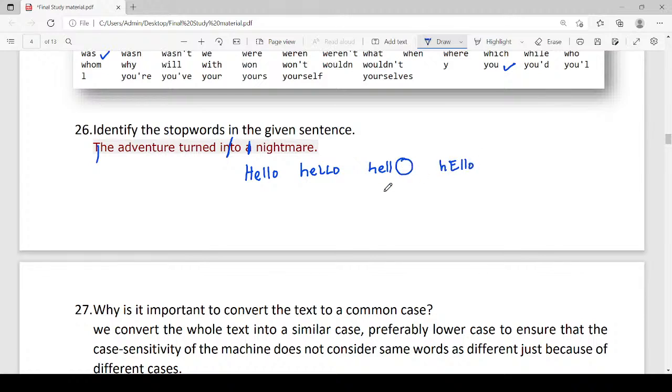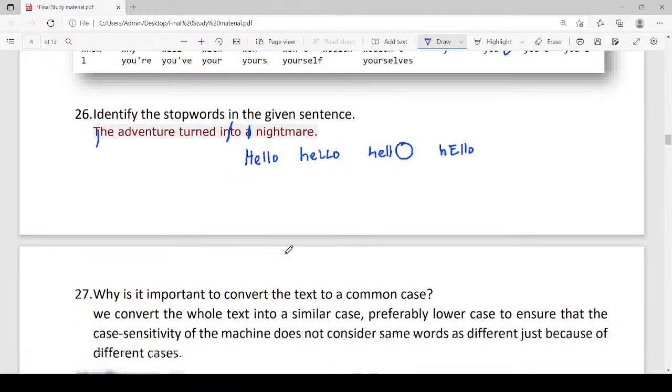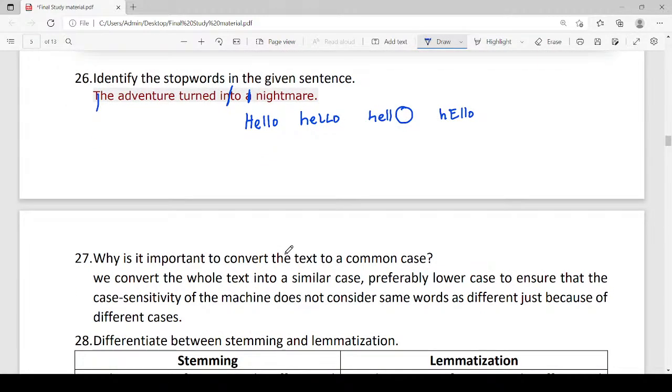So when you have the same words but with different letters capitalized, we are trying to make sure that the machine or your computer or your AI model does not consider these words as different words. So we try to bring it to a common case over here. That is the importance of converting text to a common case. Now finally we go through the process of stemming or lemmatization.